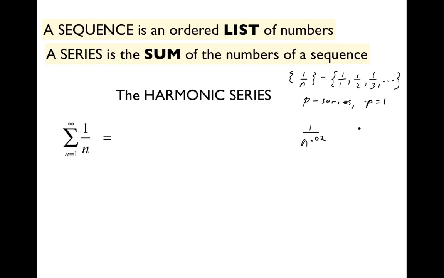So the harmonic series is a special sequence. We were talking about sequence there, sorry. Now we're going to talk about p-series. A p-series is when you're adding up the terms of a p-sequence. The harmonic series is one particular p-series, when p equals 1.